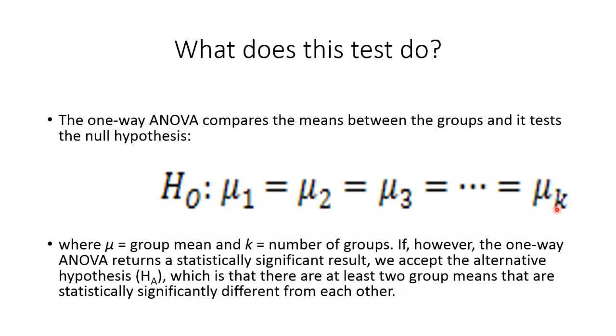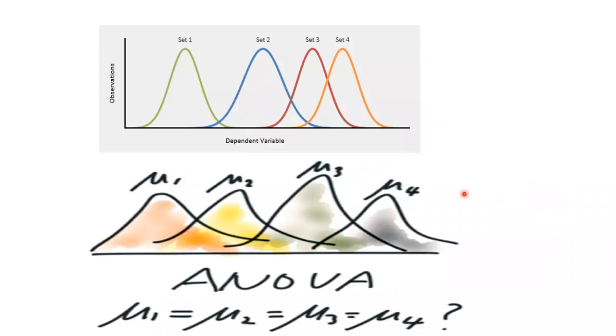So the null hypothesis in calculating ANOVA says that there is no difference between the means of the different groups, group 1, group 2, group 3, group 4, and so on.